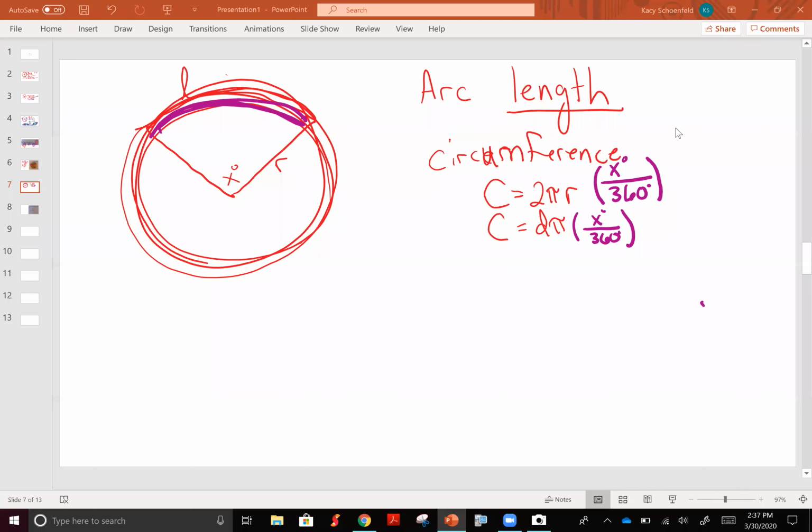The other way we can think about this formula is as a proportion. So these are your two equations that you can use. It's not quite circumference anymore. Usually it's going to be L. So you have L equals 2 pi r times x over 360. This is what I'm going to use. L is for length. Sometimes you see different equations that use S.